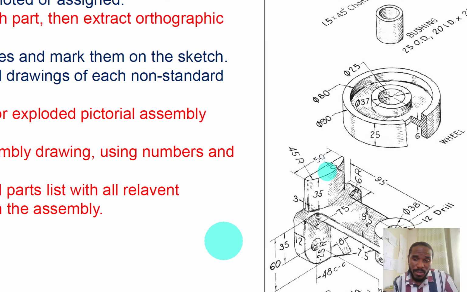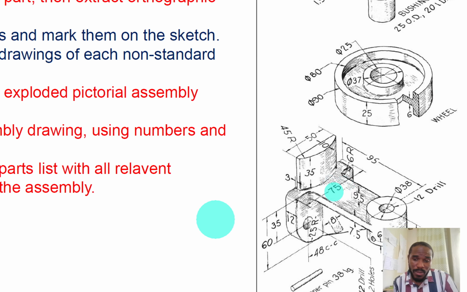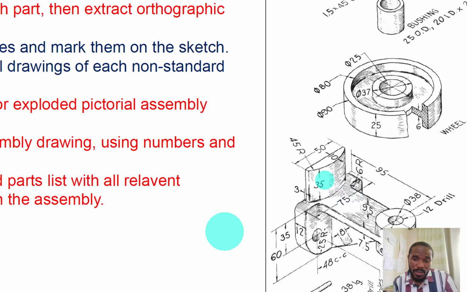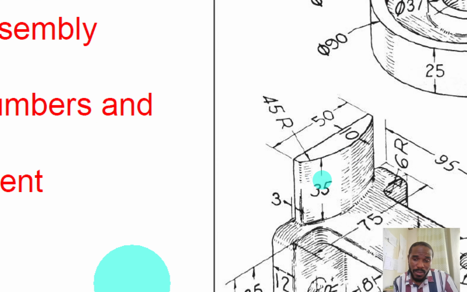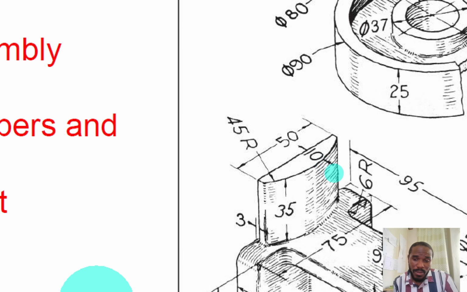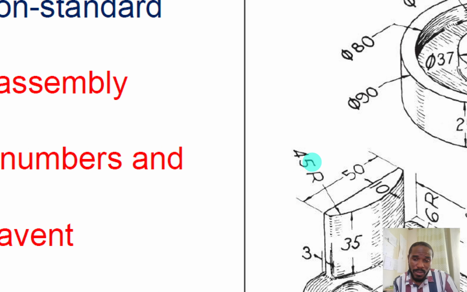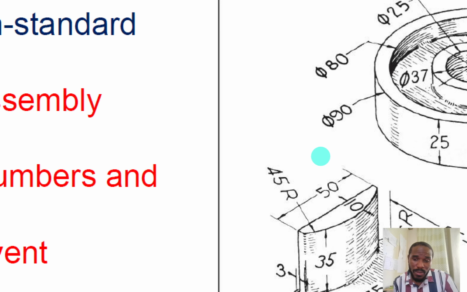And obviously that thing is symmetrical about the whole model. So what I'm going to do, I'm going to draw a rectangle. Okay, length will be 50, height will be 10, right? Then I draw a circle of diameter 90, okay?